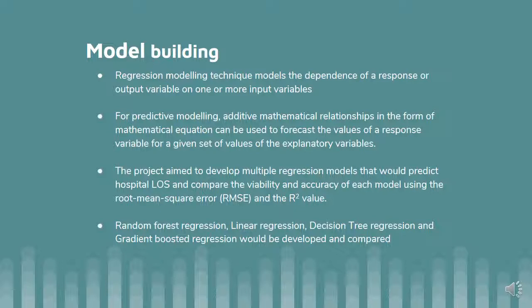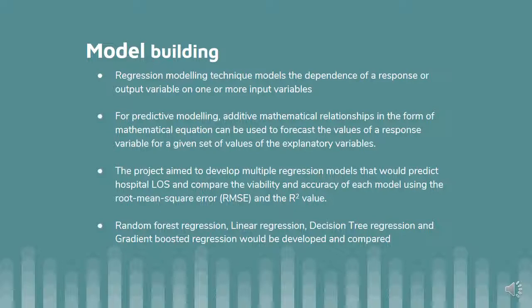So it can be assumed that the lower the RMSE value, the higher the accuracy of the regression model. The R-square value could range from -1 to +1, where a -1 value reflects a negative relationship between the response variable and the input variables, whereas a positive value reflects a positive relationship.